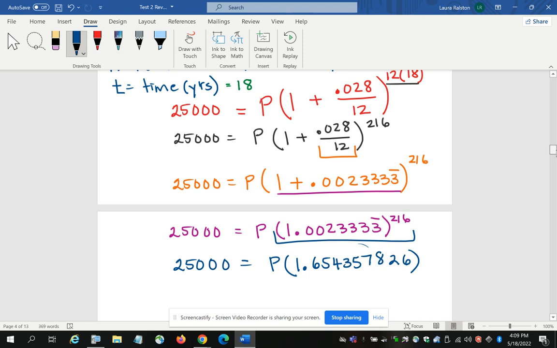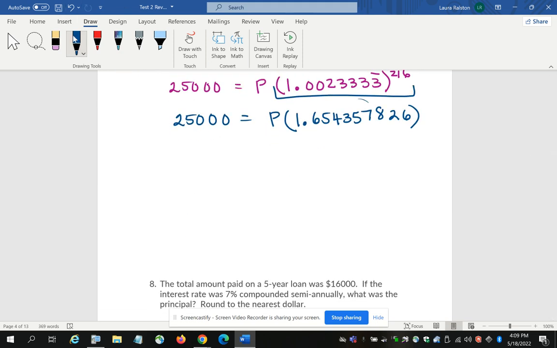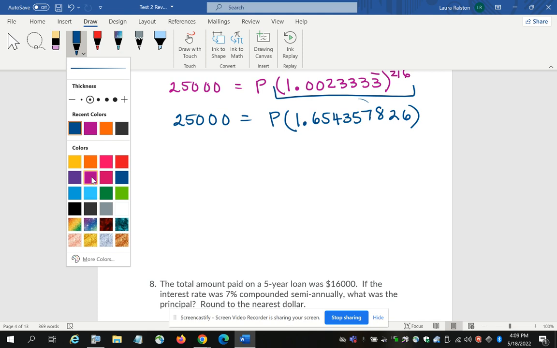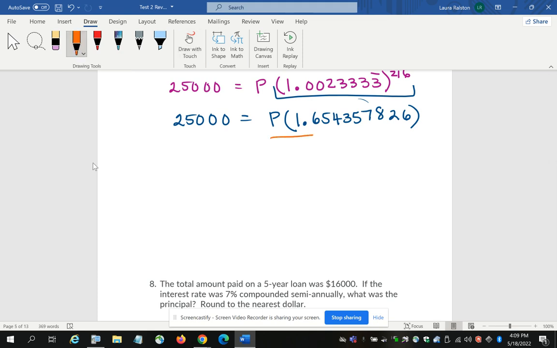Again, I'm ultimately trying to solve for P. So then I'm going to divide both sides by 1.654357826.